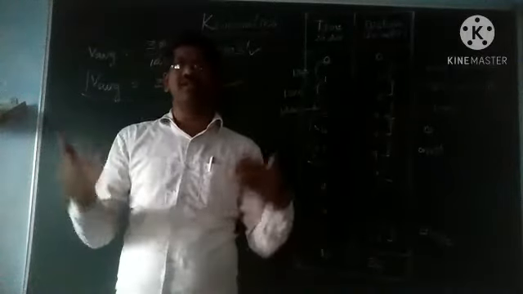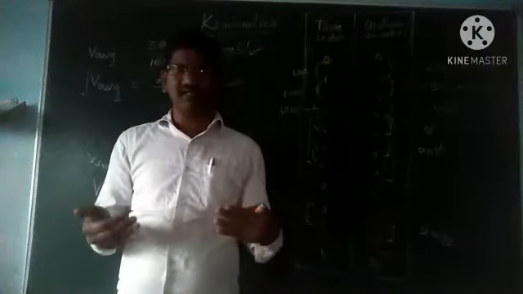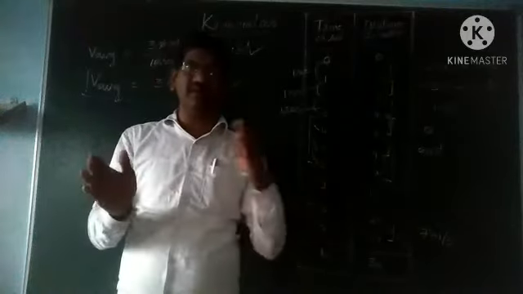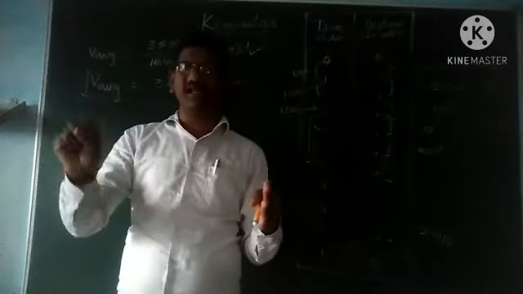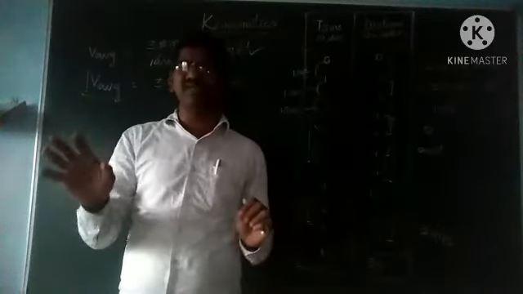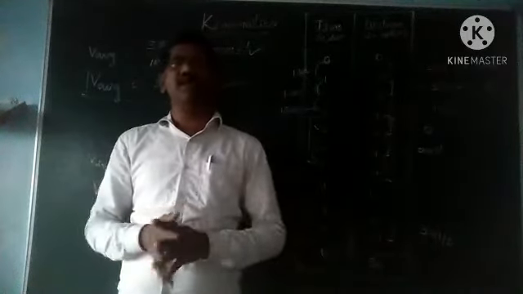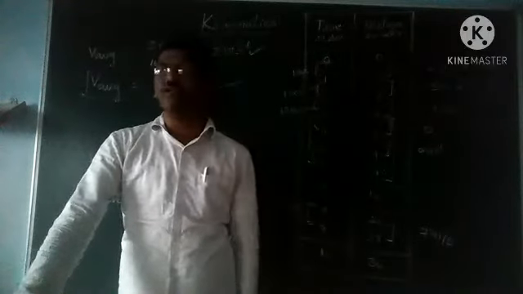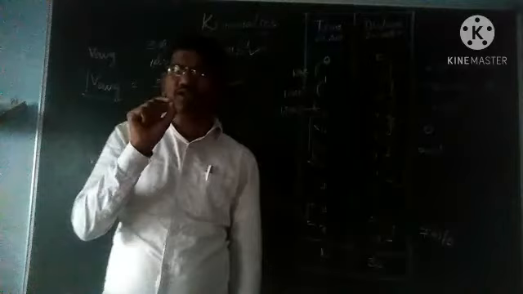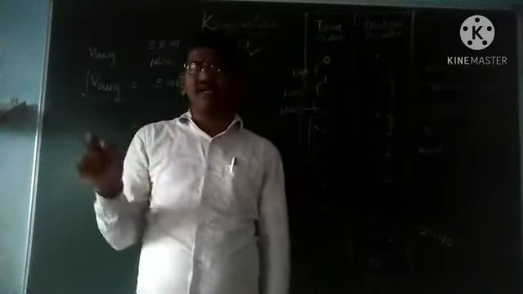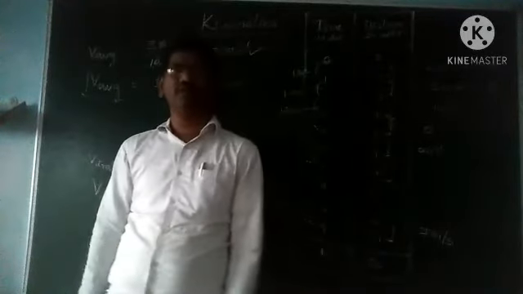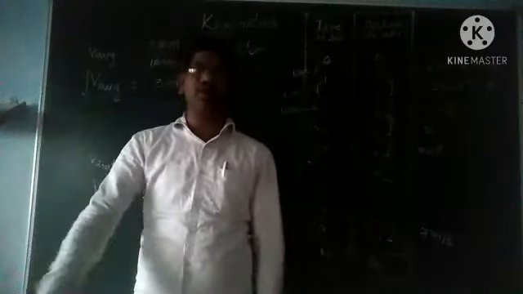You give more time, it covers more distance, less time, it will cover less distance, but the ratio of distance by time always remains constant, that is every 10 meters in 1 second it will cover. 5 seconds you give the chance, it covers 50 meters, 10 seconds you give the chance, it covers 100 meters, but every time it covers equal distances in equal intervals of time, however short the intervals of time, then the object is said to be moving with uniform speed. If the object is moving with uniform speed, then instantaneous speed, uniform speed, average speed, all speeds are the same, that is a constant speed. So that is about uniform speed.